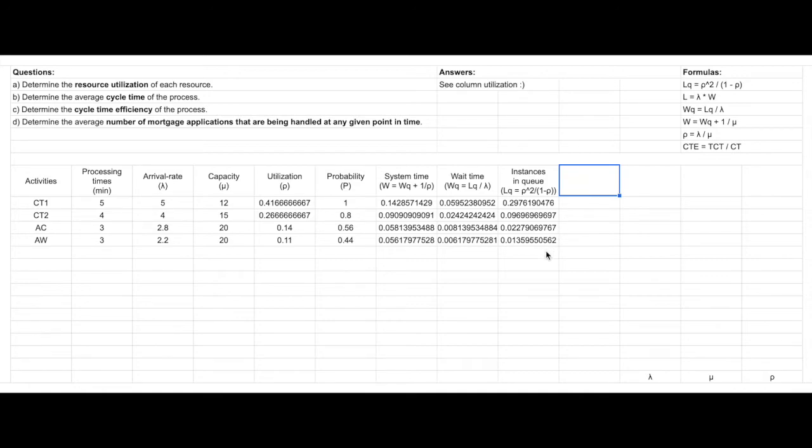So let's add another column here, and we will have the system time times the probability it is actually executed.